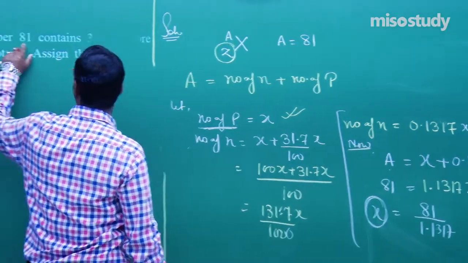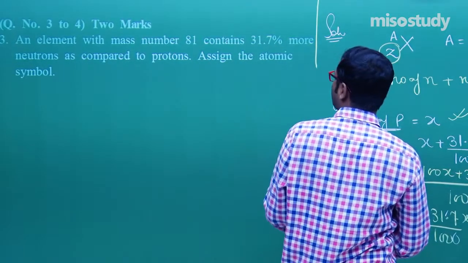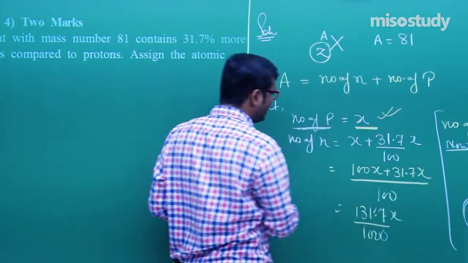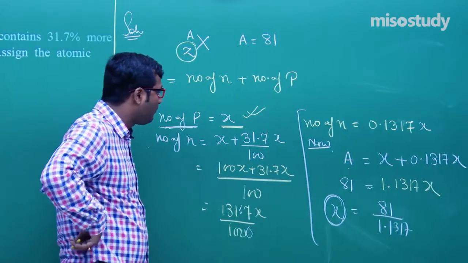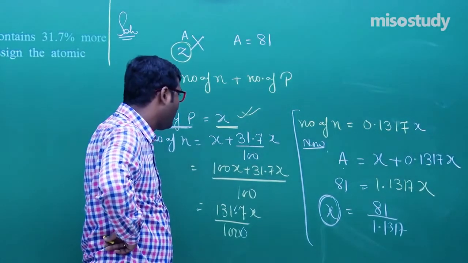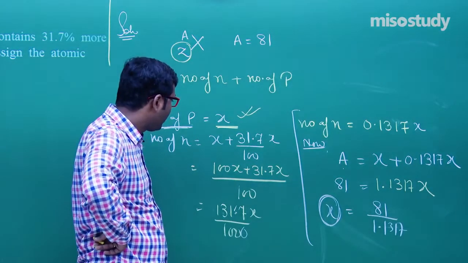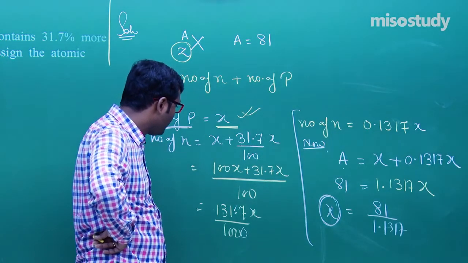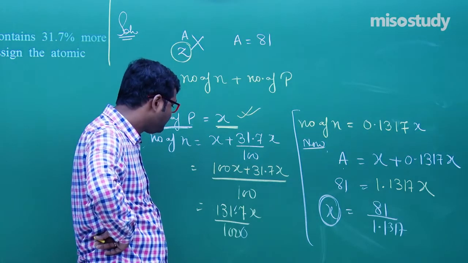An element with mass number 81 contains 31.7% more neutrons. If the number of protons is X, then the number of neutrons is X plus 31.7 upon 100X. That is the percentage. And what will happen if I take the LCM? 100X plus 131.7X. Clear to you?